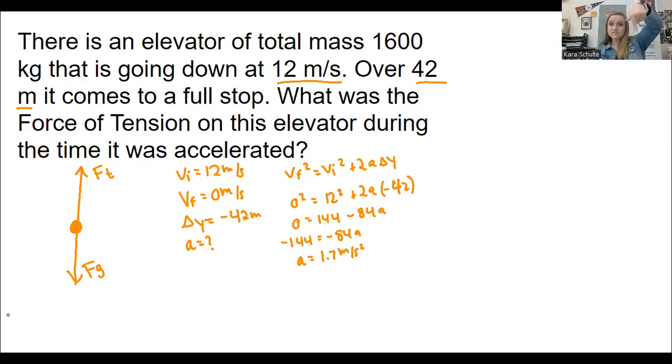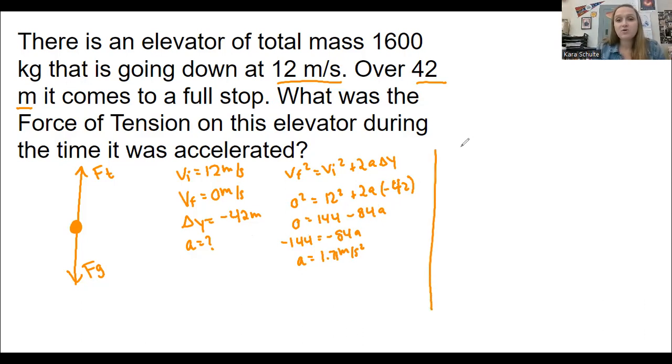If I'm moving downwards and I'm slowing down, my acceleration has to act in the opposite direction. So getting a positive acceleration here is a confirmation to me that I'm doing my problem correctly so far.